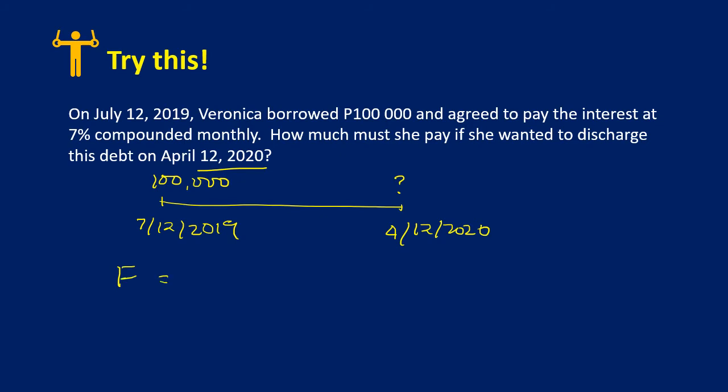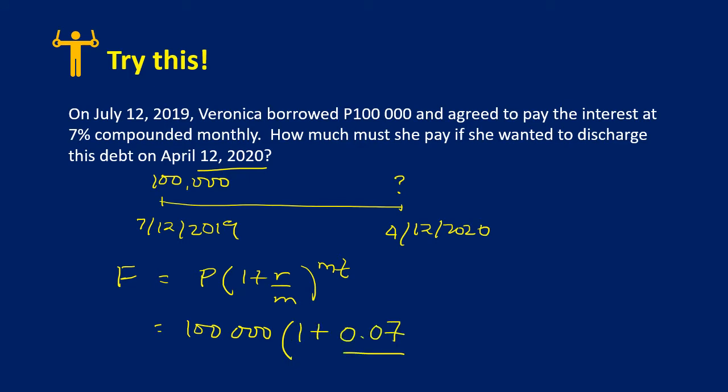So future value is P times (1 plus r over m) raised to mt. Present value is 100,000 times 1 plus rate is 7% but compounded monthly, then 12 times, what is that?